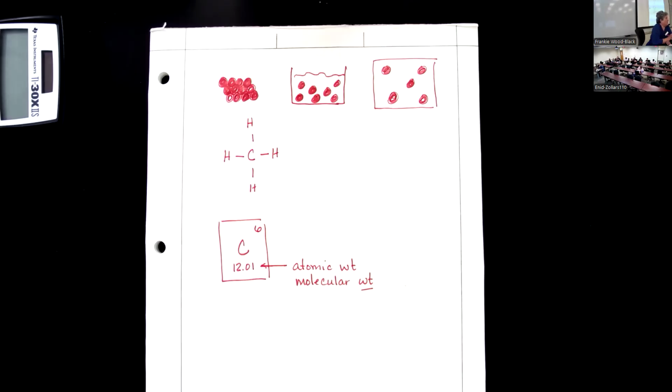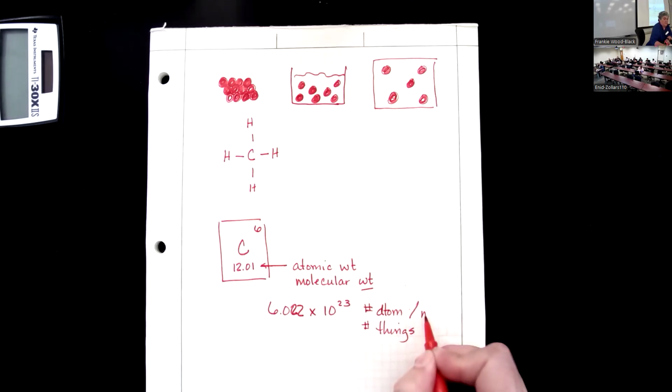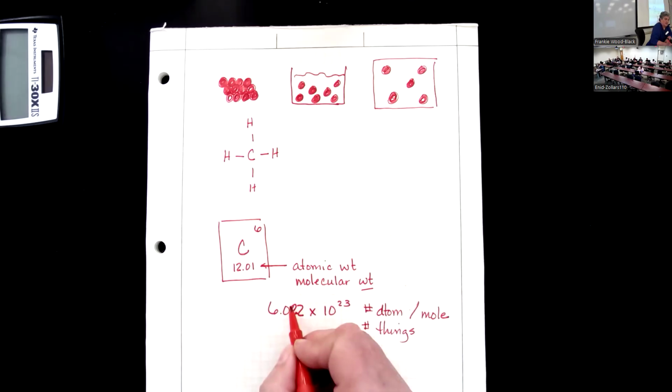And when we get there, if you haven't had chemistry before, that is the mass of 1 Avogadro's number of carbon atoms. And Avogadro's number is 6.022 times 10 to the 23rd number of atoms, number of things, per mole. 6.022 times 10 to the 23rd.